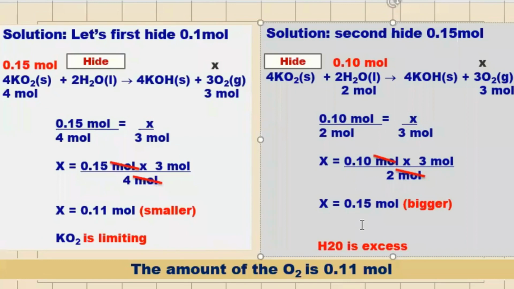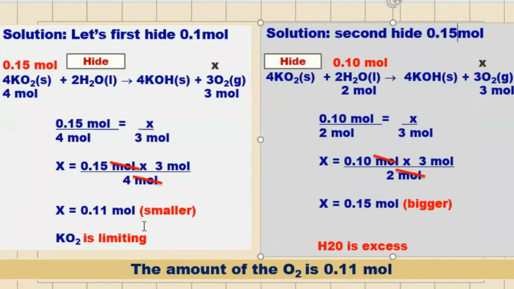And then the next step, compare the two amounts of the products, 0.11 mole and 0.15 mole. Which one is bigger? 0.15 mole is bigger than 0.11 mole.